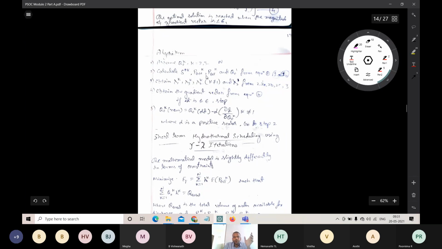The next step, you calculate the amount of water stored at different intervals, the amount of power generated using hydel and the amount of power generated using thermal. And finally, by using equation 1, you have to solve for Q naught 1. This is the main solution that we need.